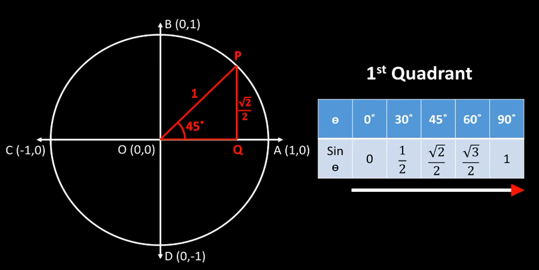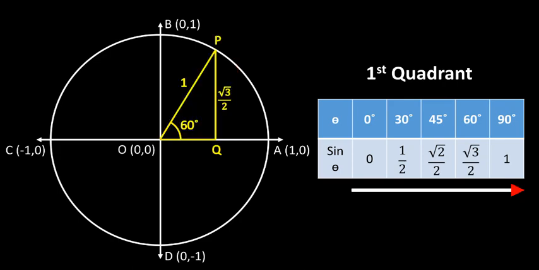As the length of PQ is equal to half of square root of 2, it means sine of 45 degrees is equal to half of square root of 2. In this figure, the line OP is the terminal side of the angle 60 degrees. And the line PQ gives the value of sine of 60 degrees. The length of PQ is equal to half of square root of 3. So sine of 60 degrees is equal to half of square root of 3.